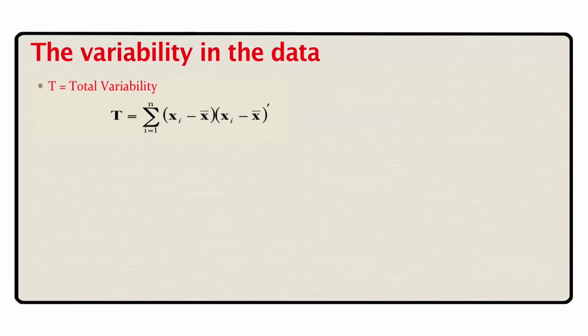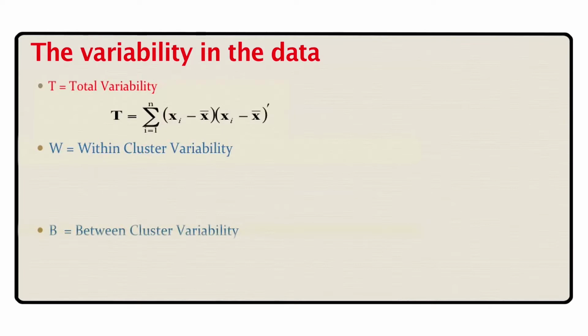Now when you form the clusters, this total variability is actually subdivided into two things. One is the within cluster variability W, and the other is B, the between cluster variability.